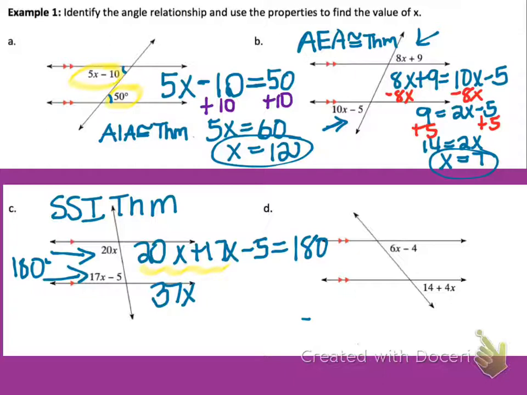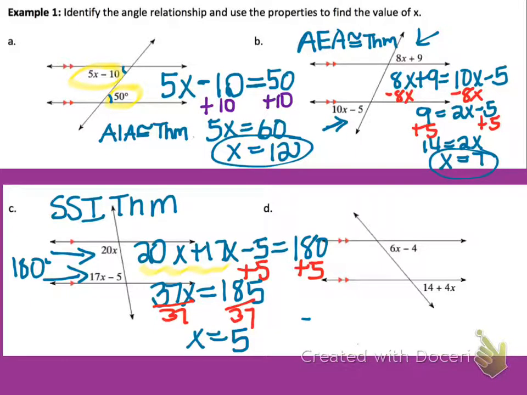Then if I go ahead and add 5 to both sides to get the numbers without variables on the same side, that's going to leave me with 185 on one side and 37x on the other. If I just divided both sides by 37, which would be my undoing of the multiplying by 37, I'd end up with x being equal to 5. And then I could verify that, in fact, these two angles do add up to 180 by substituting them back in.